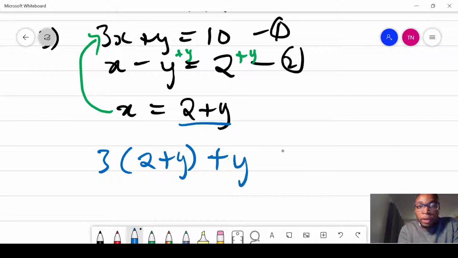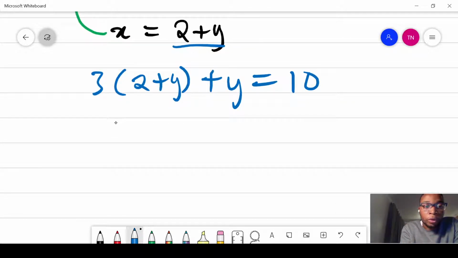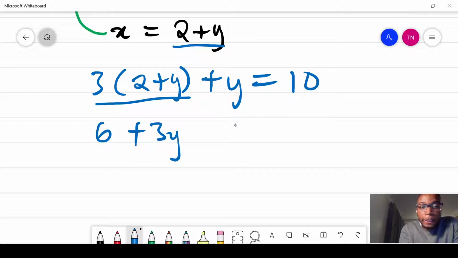Then this plus y equals 10. So what we're going to do here is expand this. That becomes 3 times 2, that gives you 6, plus 3y plus y equals 10.